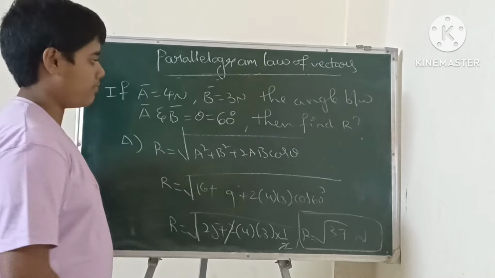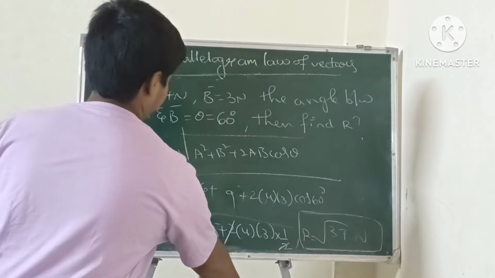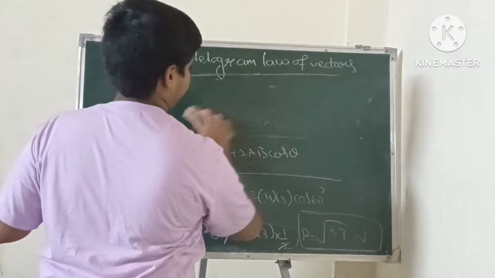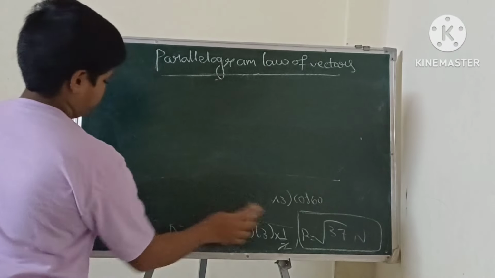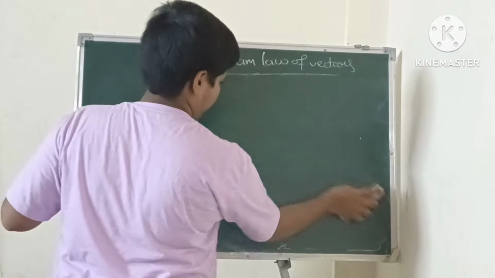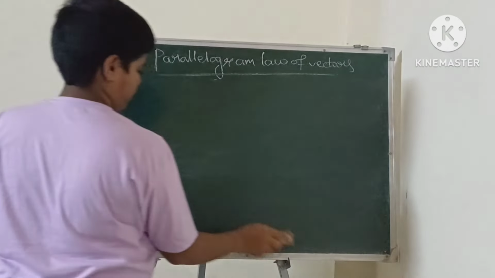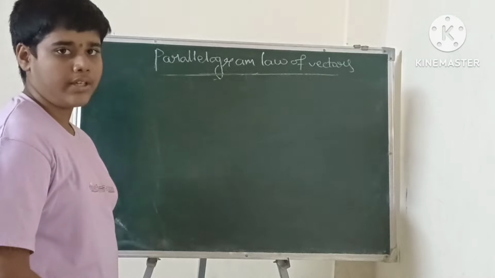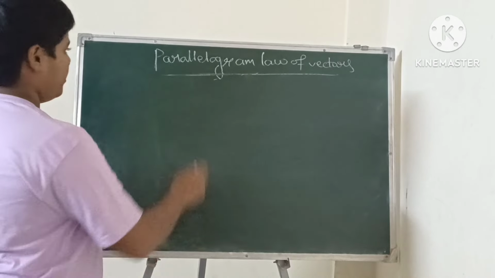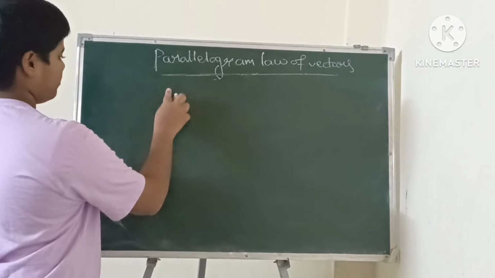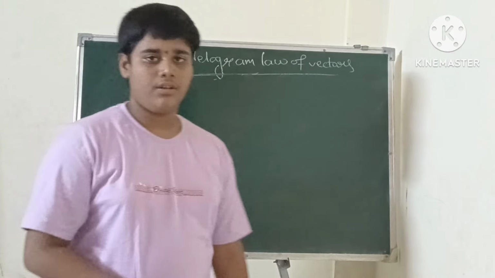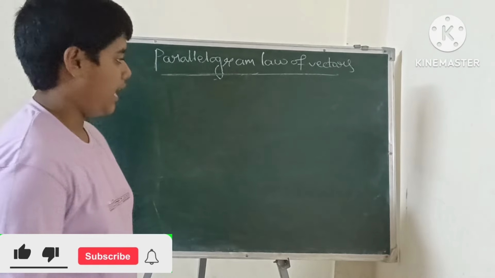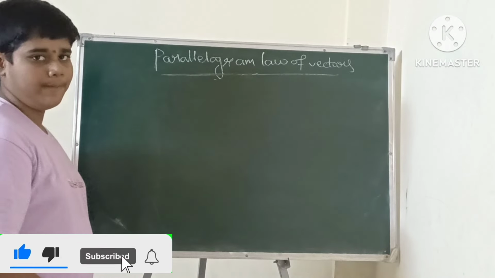Okay. So like this we can apply this formula. R is equal to root over A square plus B square plus 2AB cos theta. Okay. And we learned that the resultant is equal to root over A square plus B square plus 2AB cos theta, and that is the magnitude of the resultant.